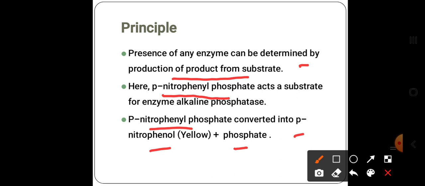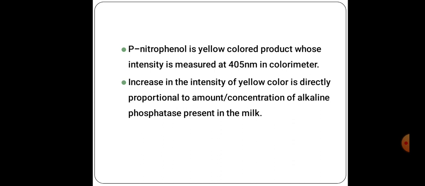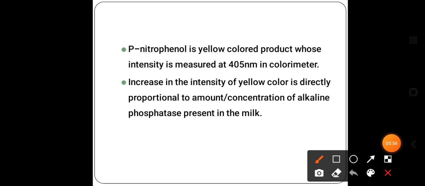The para-nitrophenol gives a yellow color whose intensity is measured at 405 nanometers.